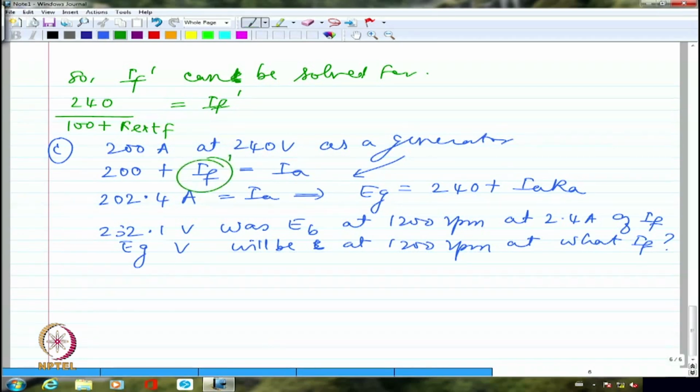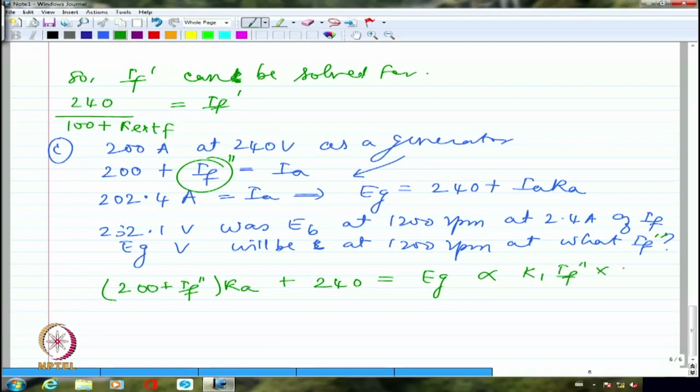This is not IF, this is IF2 dash. This is also IF2 dash. So I should say 200 plus IF2 dash multiplied by RA plus 240 will be equal to EG, which is proportional to K1 multiplied by IF2 dash multiplied by 1200 RPM, which will be 125.6 radians per second.